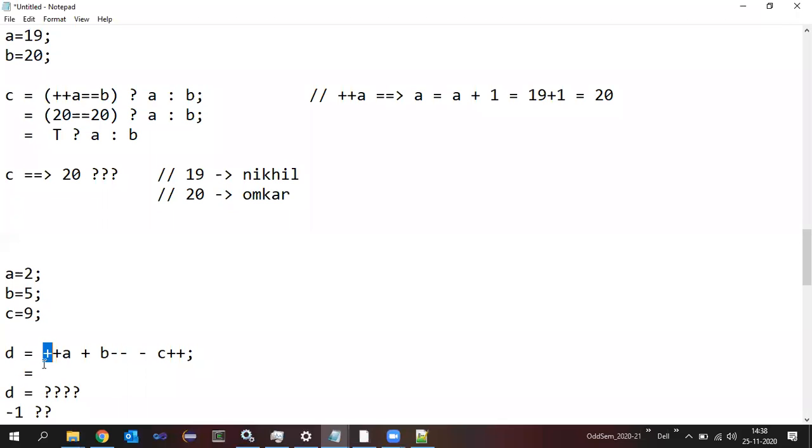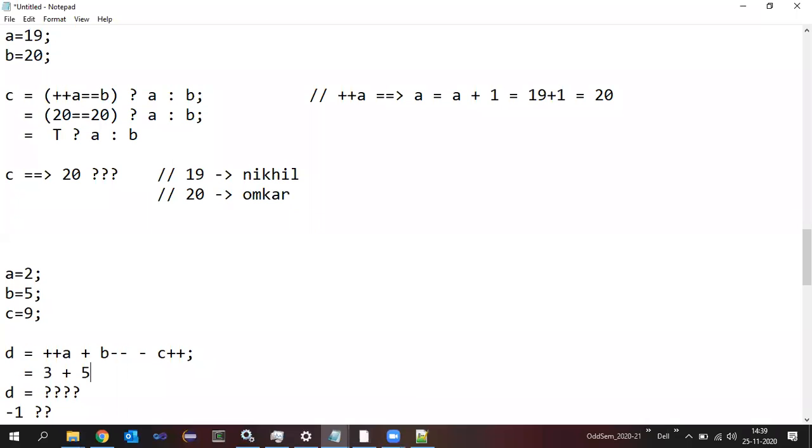Now, ++A. What will be the value of ++A? 3. Pre-increment means I have to increment and then use, so it becomes 3. Then I have a plus symbol, which is addition. Then B--. B-- is post-decrement, which means I will use the value first.